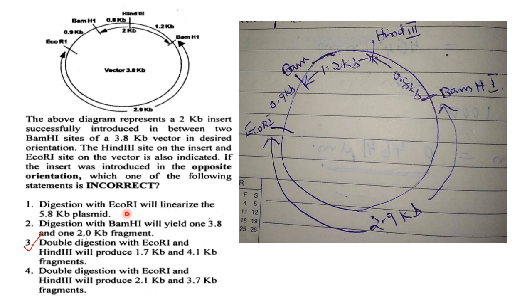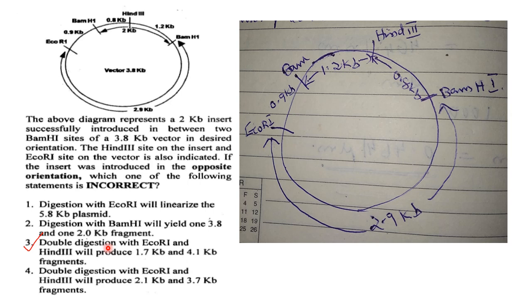So that is correct. They have asked for the statement which is incorrect. Then, digestion with BamHI will yield one 3.8 kb and one 2 kb fragment. So you are digesting with BamHI; it will cut over here and over here. You will get a 2 kb fragment and a 3.8 kb vector backbone. So that is also correct.